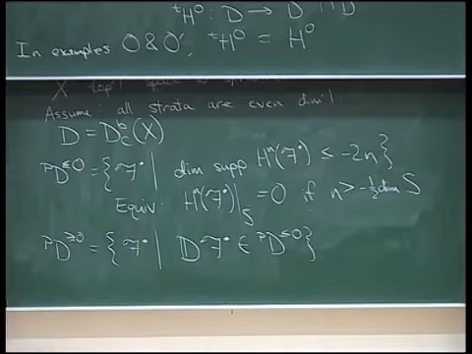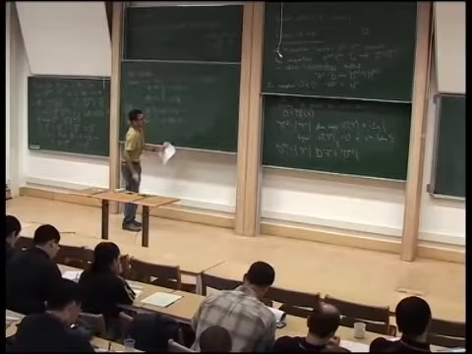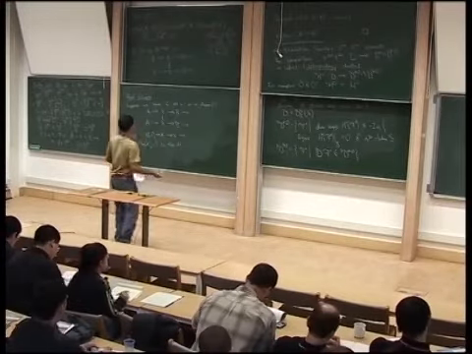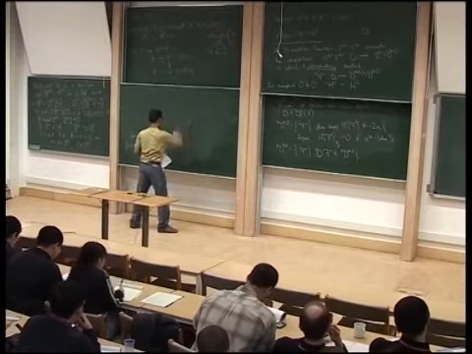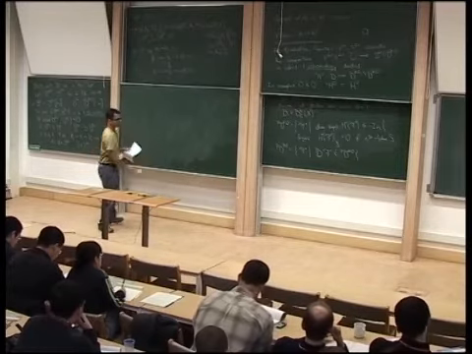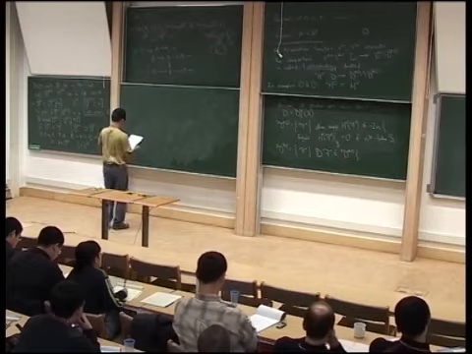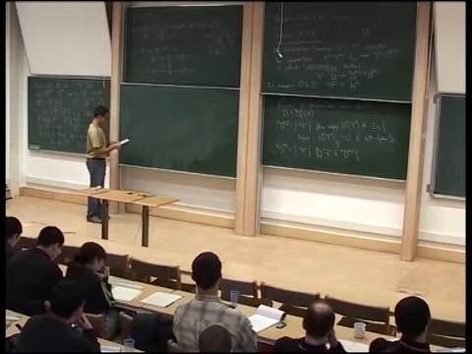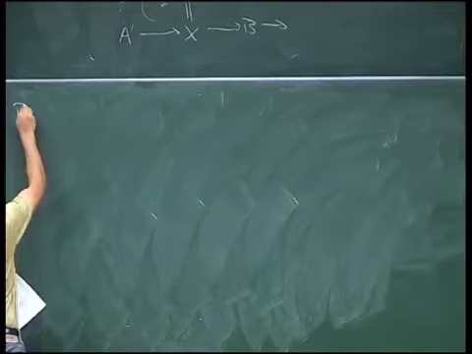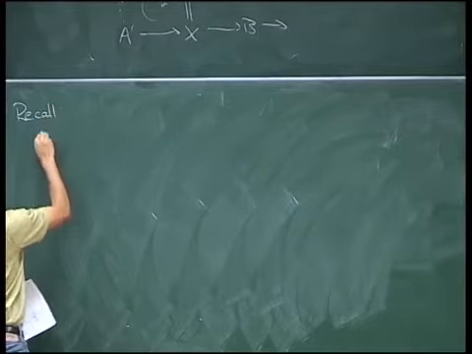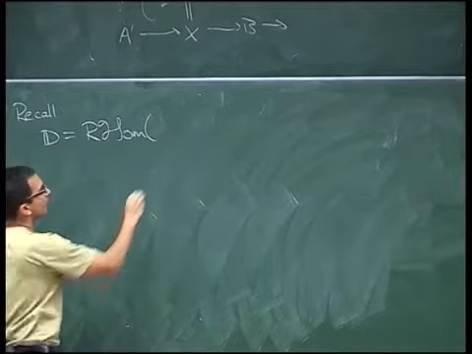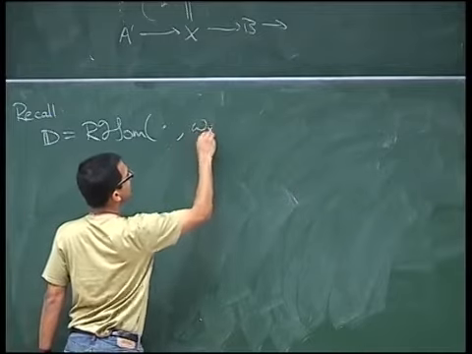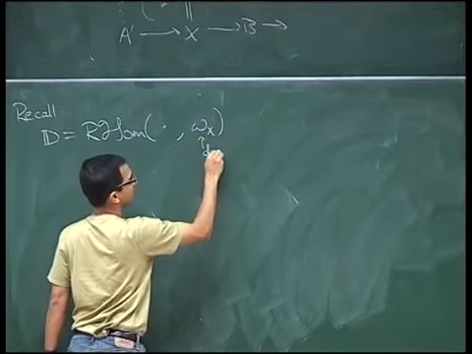And just to remind you what that is, Verdier dual is Rhom into some fixed object, which is called the dualizing complex.